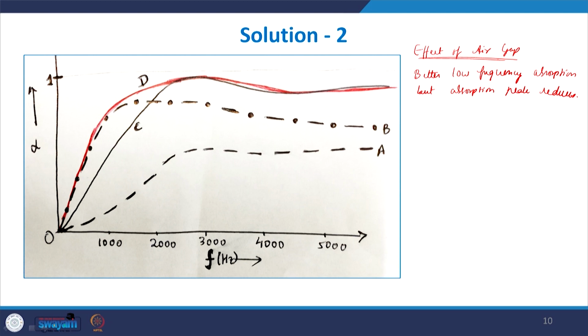If you look at graphs D and C, what you observe is that the low frequency absorption is increased quite a bit, but the peak remains the same. This graph is continuously ahead of it. So C and D do not represent this condition. But if you look at graph B and compare it with graph C, B and C follow the above relationship.